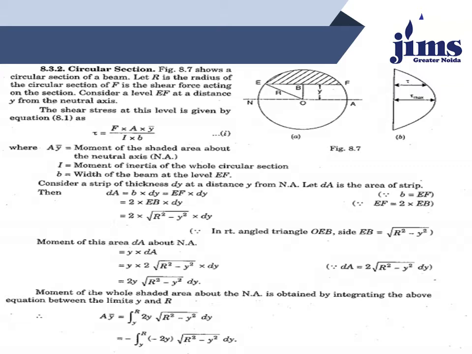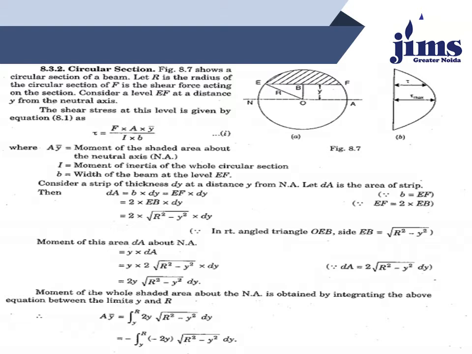So in this diagram it is clear the shear stress will be maximum at the neutral axis, and at the top fiber and the bottom fiber it will be 0. So the shear stress distribution diagram is just opposite of a bending stress diagram. Where the bending stress is maximum, shear stress will be 0, and where the shear stress is 0, bending stress will be maximum, and vice versa.